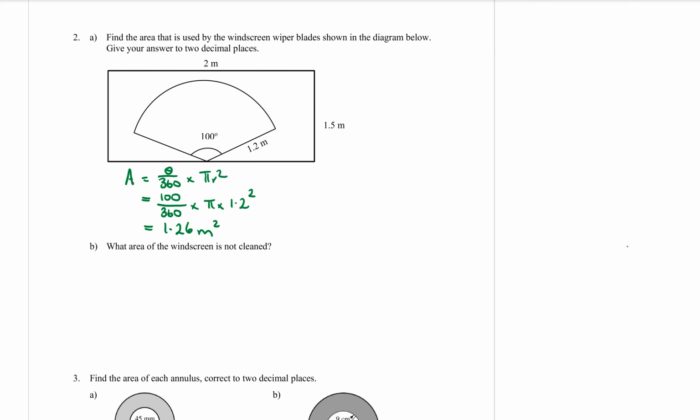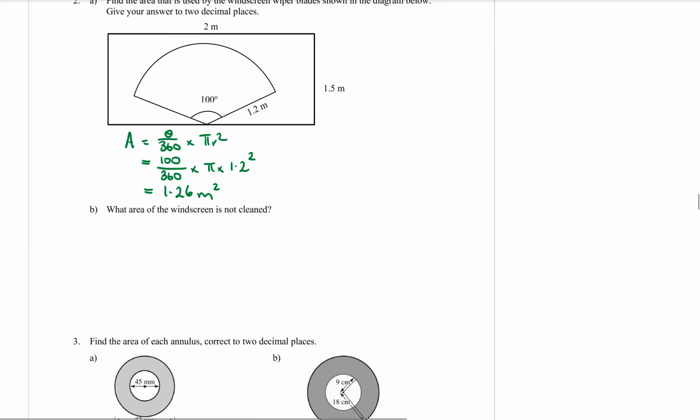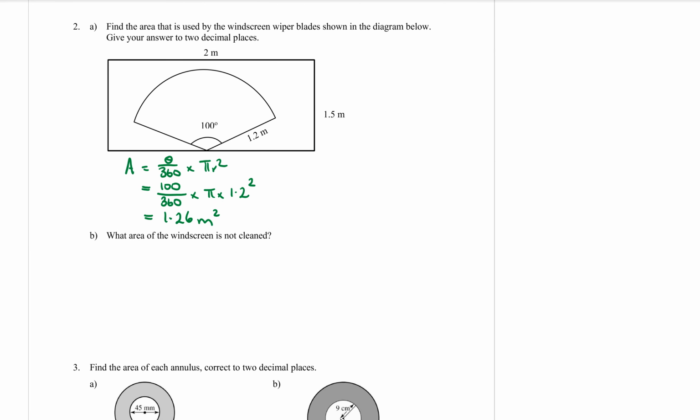But part B says, what is the area of the windscreen that is not cleaned? So I'm trying to find now this area out here that has not been cleaned. So that is the area of the rectangle taking away the bit that was cleaned. So the area of a rectangle is length times breadth.